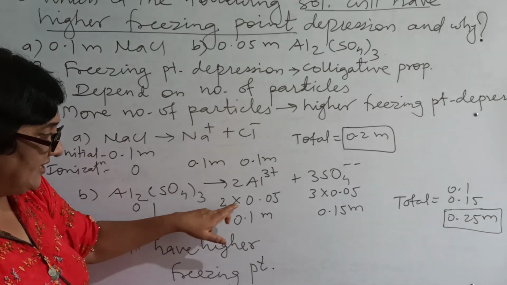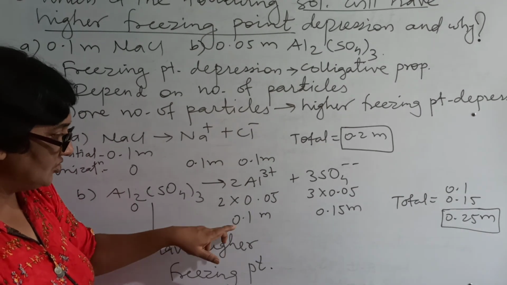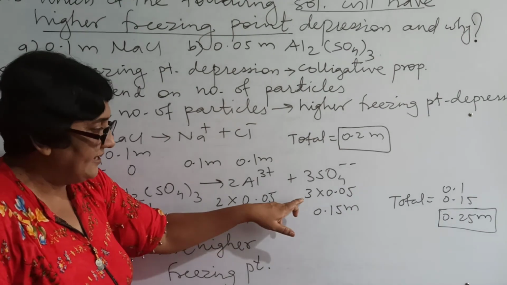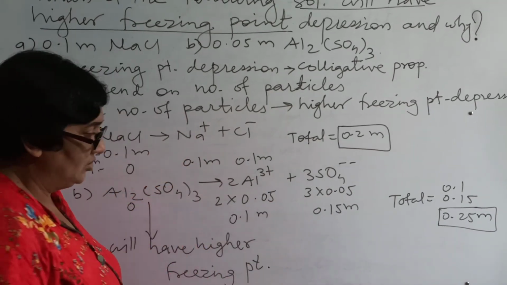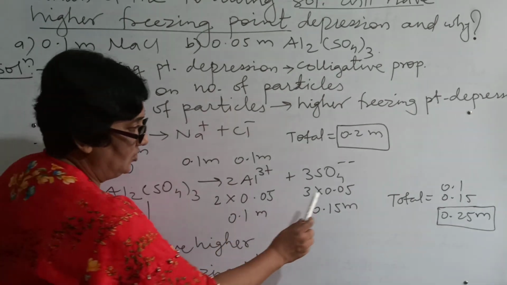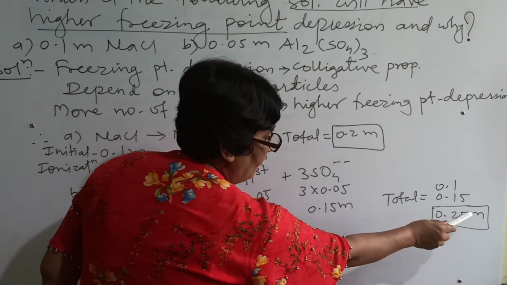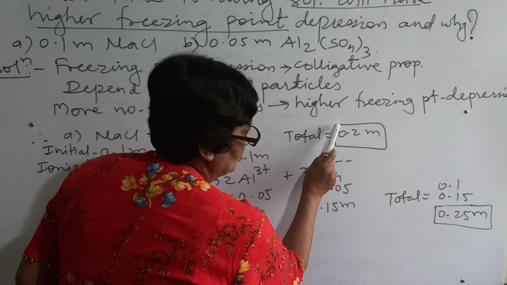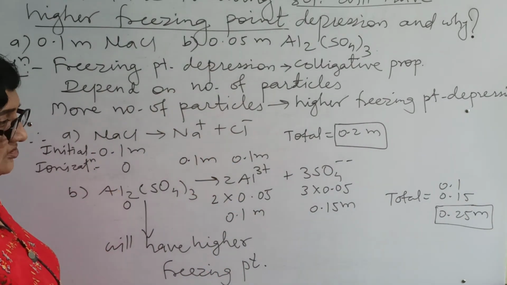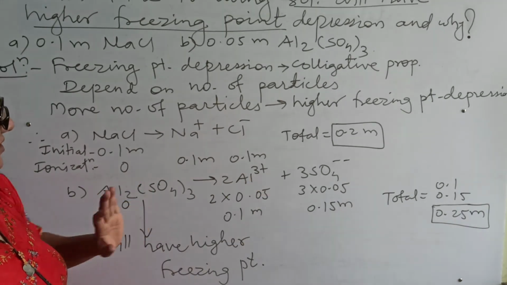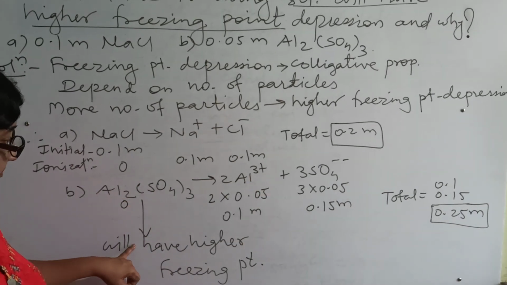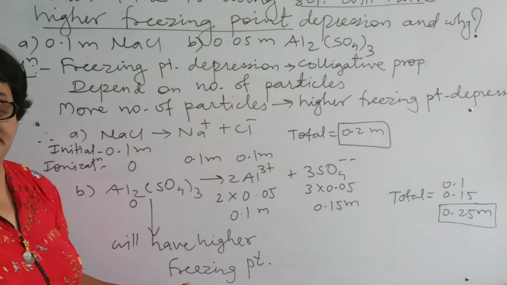So multiply 2 with 0.05, 0.1 molar, and here 3 into 0.05, 0.15 molar. Now the total of this is 0.25 molar. Now compare these two, which has the higher concentration? The Al2(SO4)3 has the higher concentration, so it will have the higher freezing point depression.